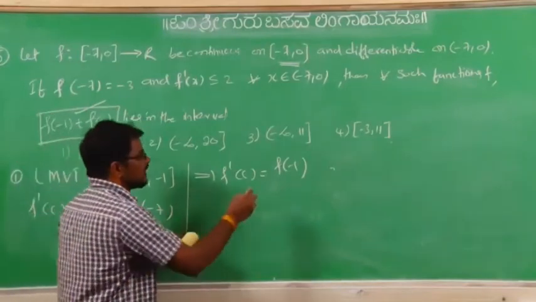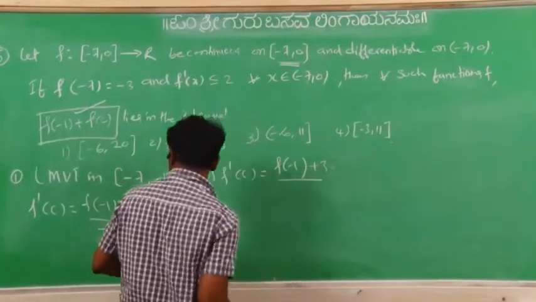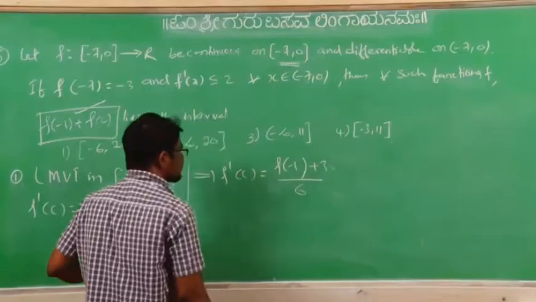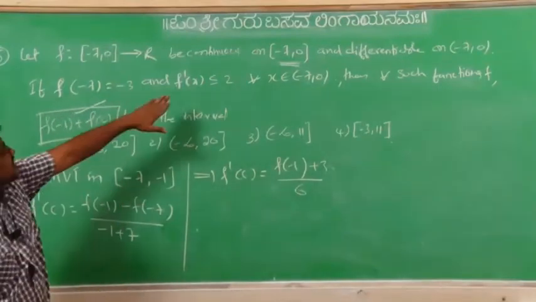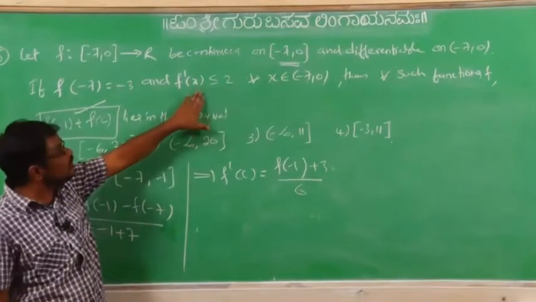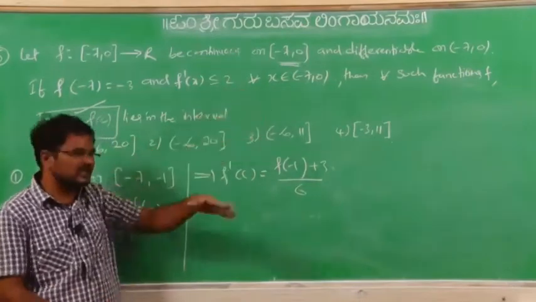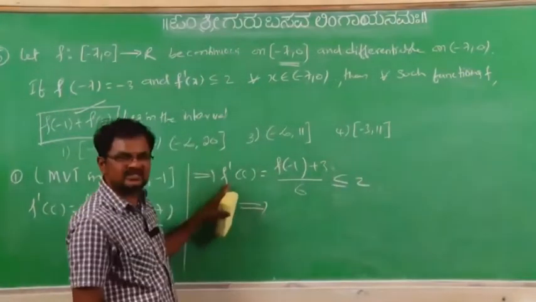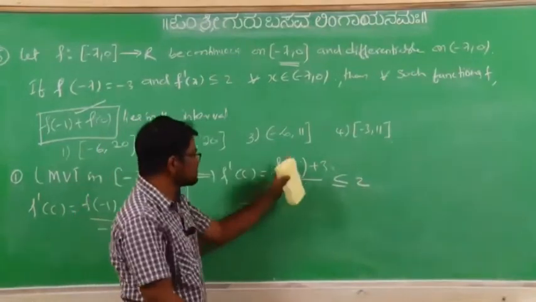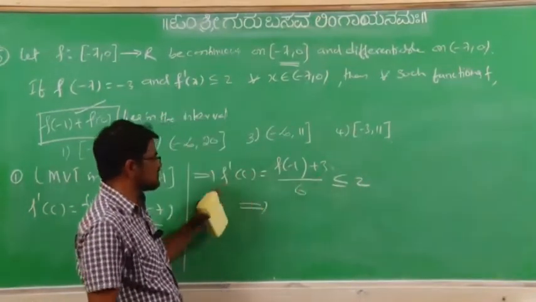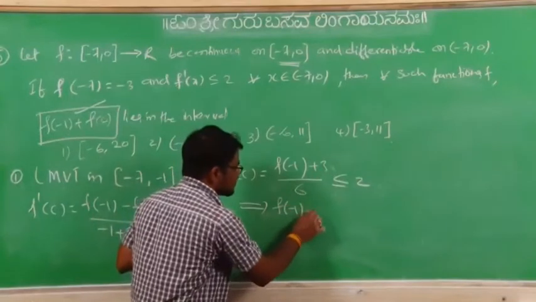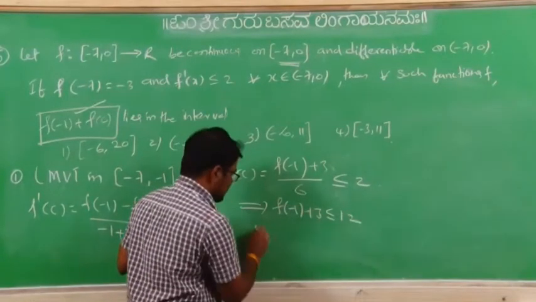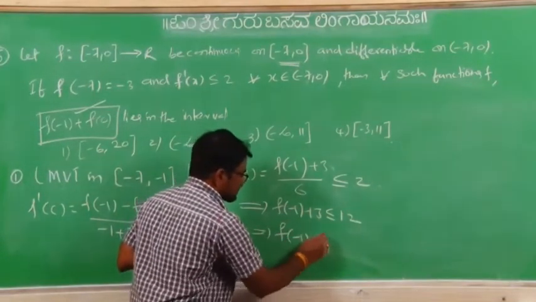Substitute here: f(-1) plus 3 divided by 6. But f'(x) is less than or equal to 2, means slope is less than or equal to 2 only given. That implies f(-1) plus 3 divided by 6 is also less than or equal to 2, because this is equal to this one. Now f(-1) plus 3 less than or equal to 12, that implies f(-1) less than or equal to 9.